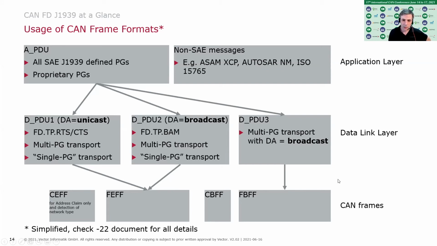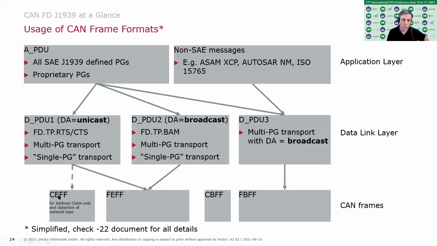And then all the other non-SAE messages belong exclusively to the DPDU3 and will end up in 11-bit CAN identifiers. And here, on the dashed line in the lower corner, some specific frames, especially the single parameter groups, will be used for address claiming and network detection.